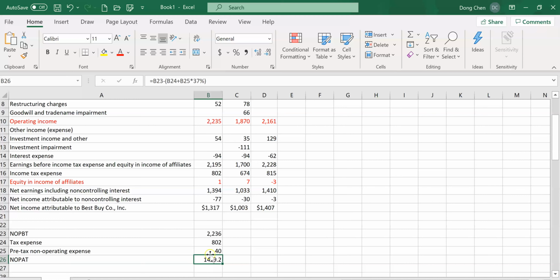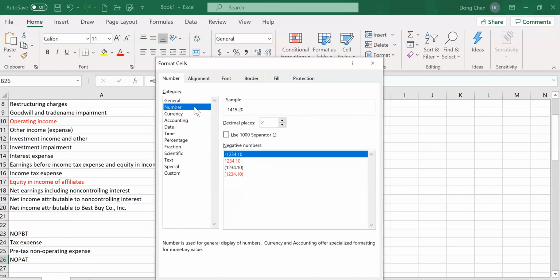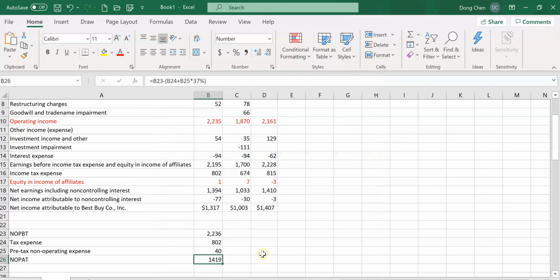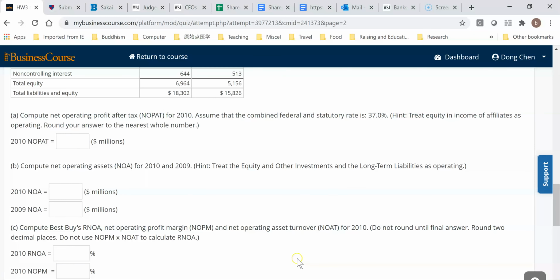But in this case, we just need to change the format to show no decimal places. So this is basically our final NOPAT. So I just need to copy this number back.